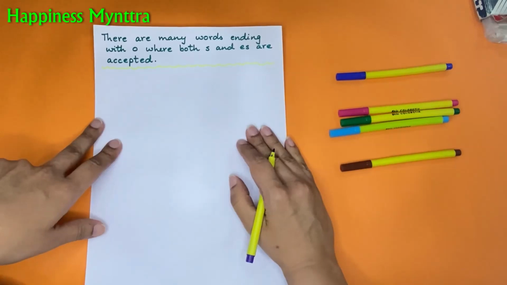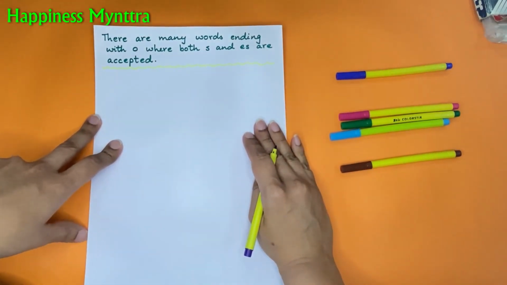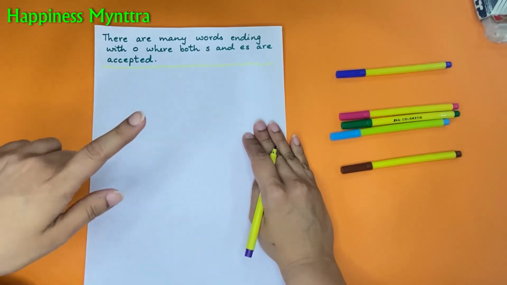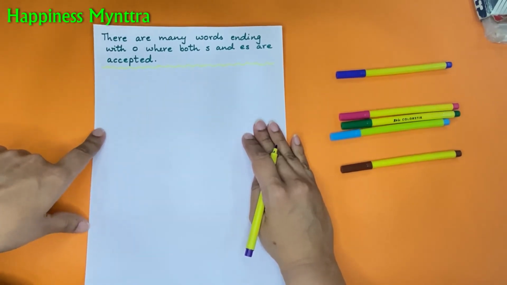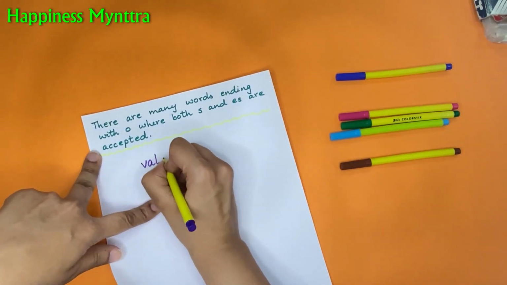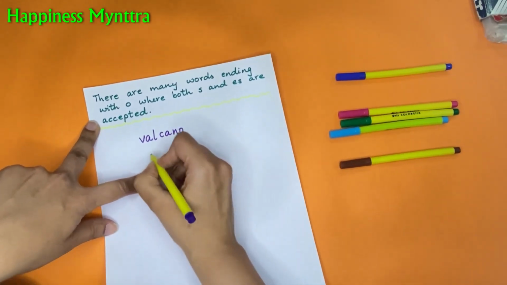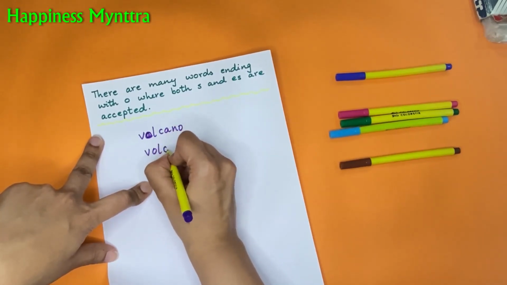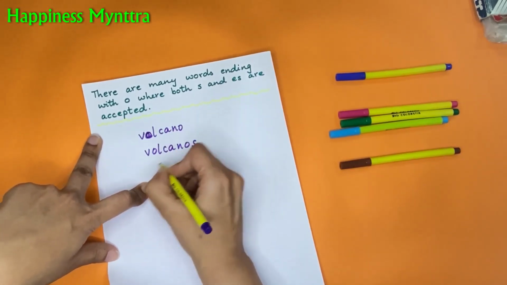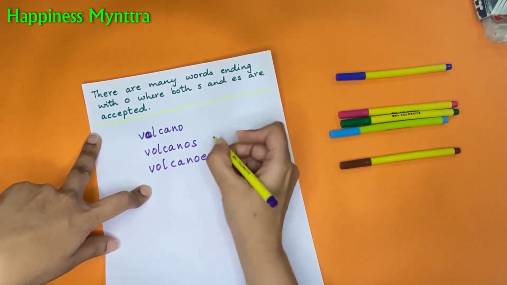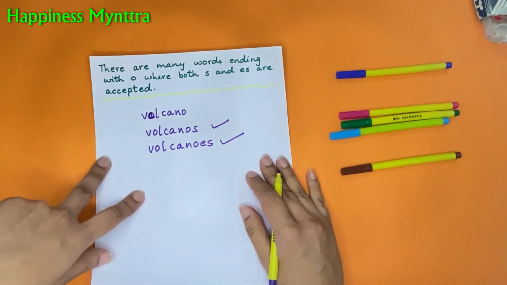Now, finally, there are many words which end with O where both s and es are accepted. Remember this as well. The most common such word is volcano. So we can write volcanos or volcanoes, and they are both correct.